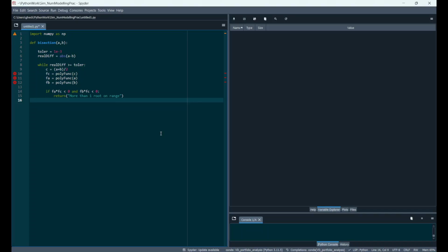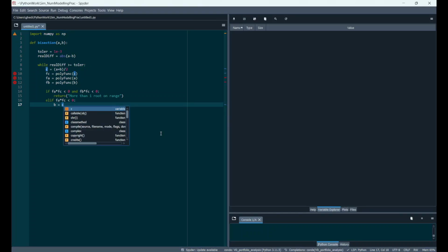And then the next situation that could be an option is if f of A times f of C is less than 0, which means they're opposite signs of each other, then we're going to say that B is now equal to C, right?